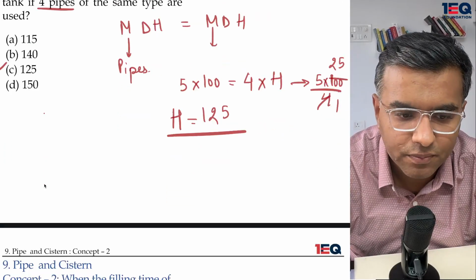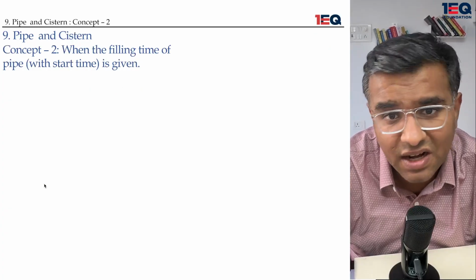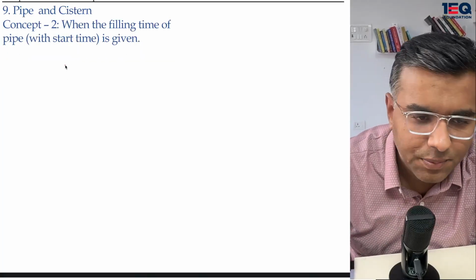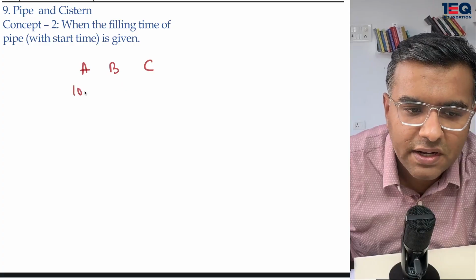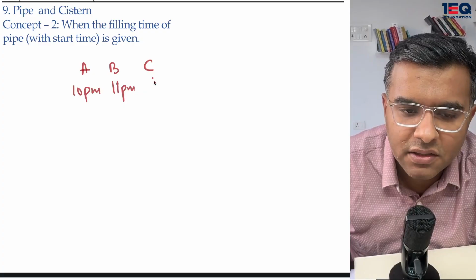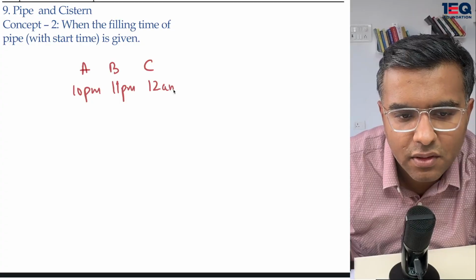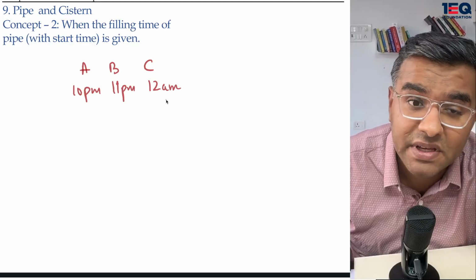Moving on. Now, there are times when a start time is given. Let's assume there were three pipes A, B, and C. One was started at 10 p.m., the second at 11 p.m., and the third at 12 a.m. This is the night time when the pipes are running.